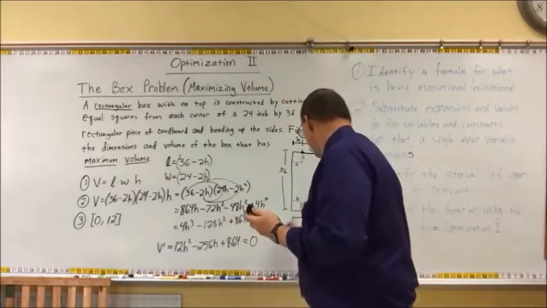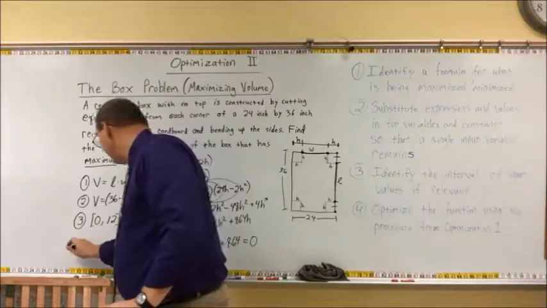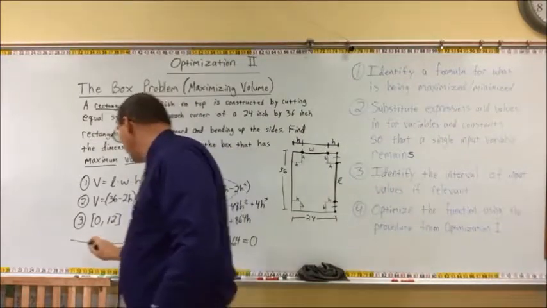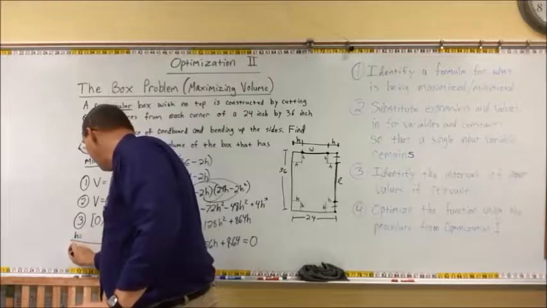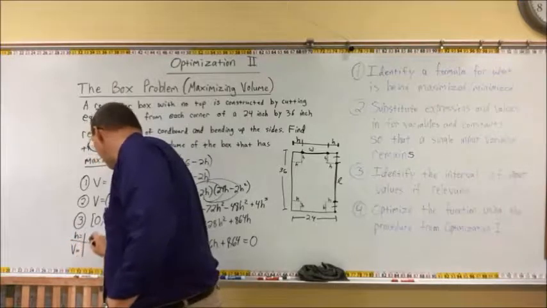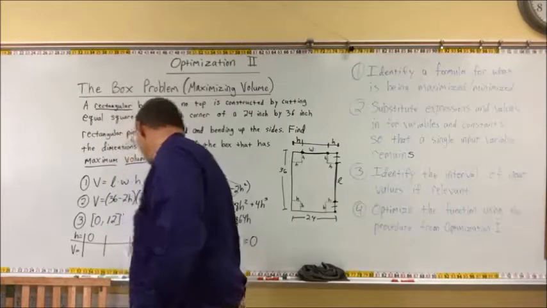4.2031. Now I'm going to make my table, right? Because I'm doing an optimization. So h equals, and then volume equals. My endpoints are 0 and 12, right?